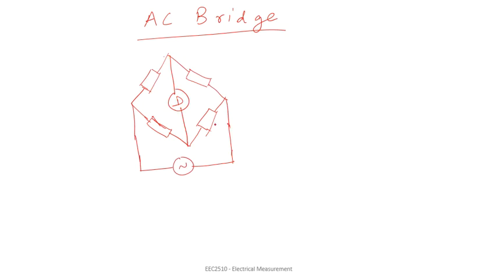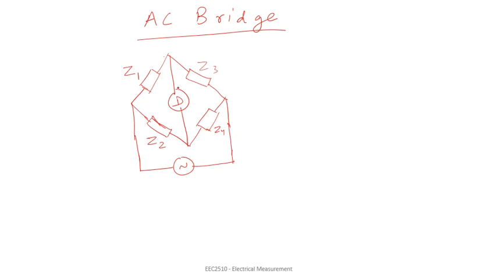Now this is a form of AC bridge. Let me call the impedances Z1, Z2, Z3 and Z4. So these are the four impedances of this branch. This is Z4.